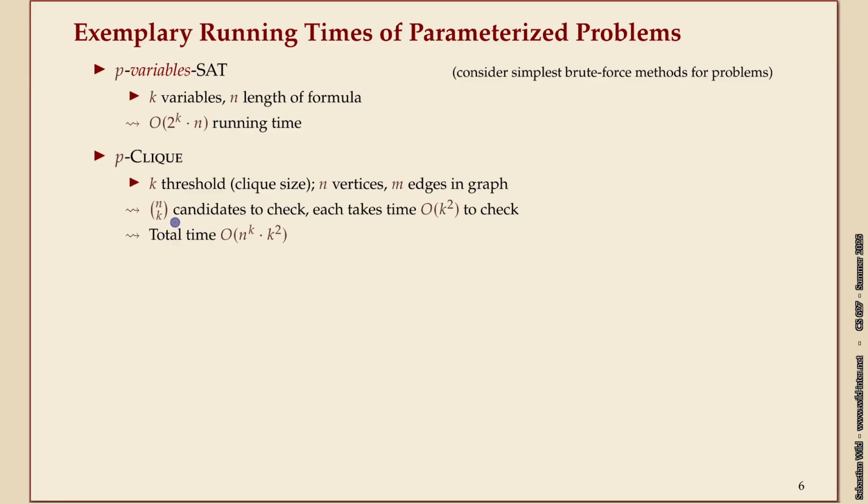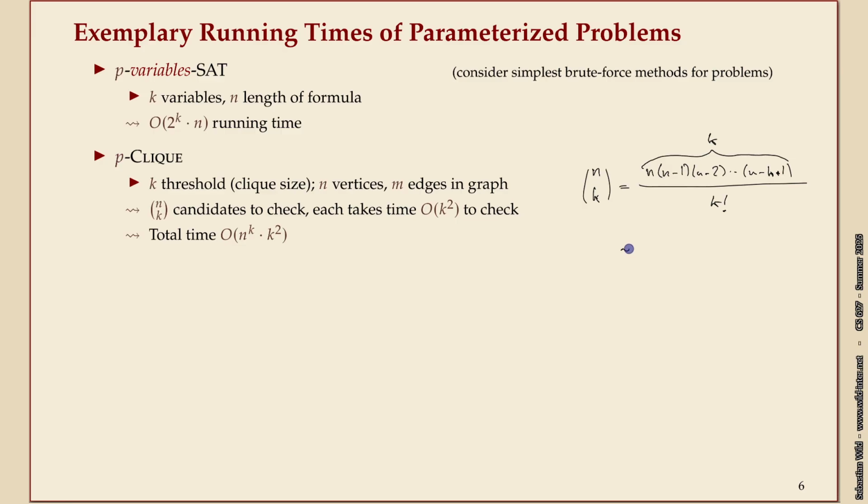And n choose k, a little bit of refresher on combinatorics, not that this is super relevant here. Is this falling factorial, k terms? And then we divide by k factorial, which is k times k minus 1 all the way down to 1.